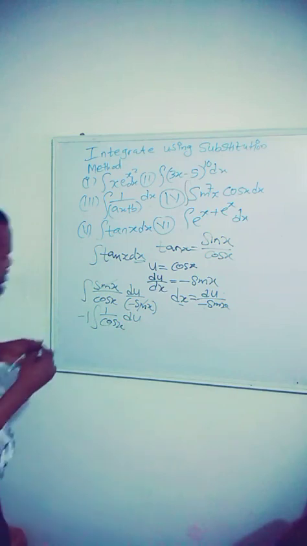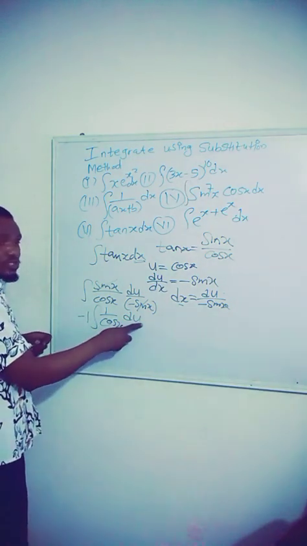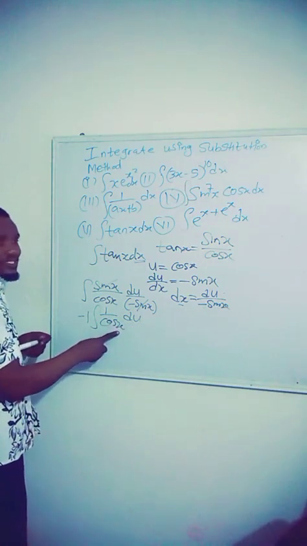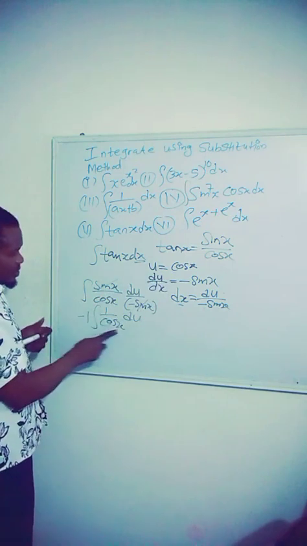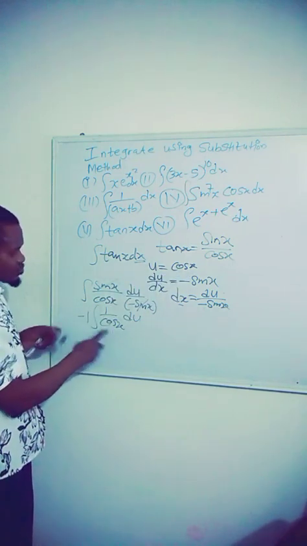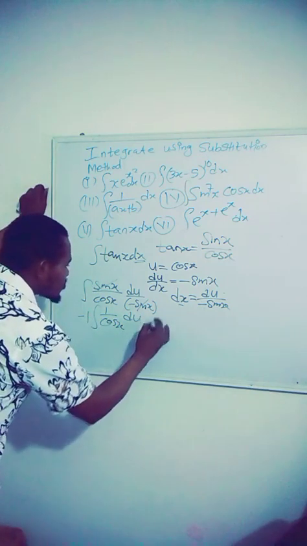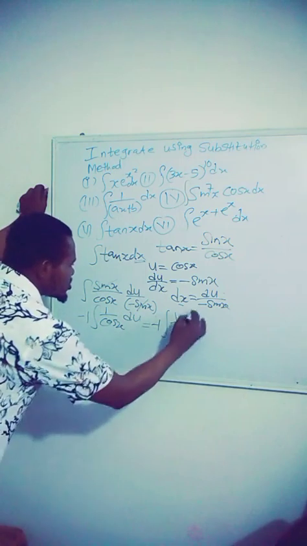Now, because this is du, you can integrate with respect to u while we are having x. We say our u represents cos x, so I can replace cos x with u. That will give me minus 1 integral of 1 over u du.